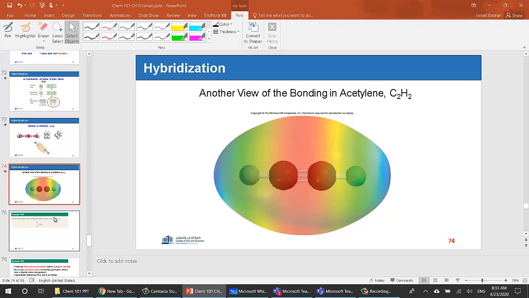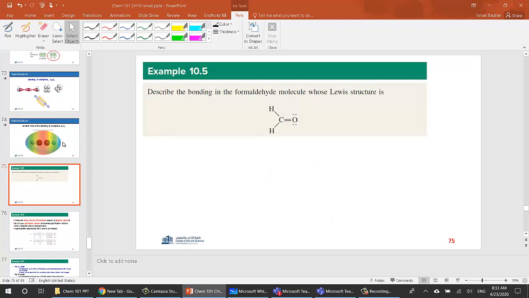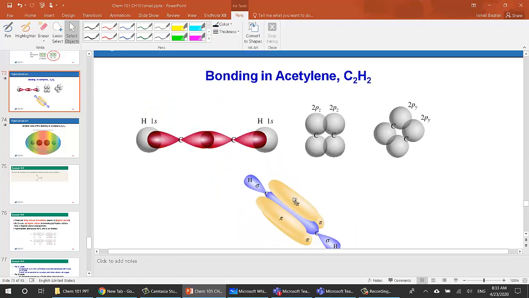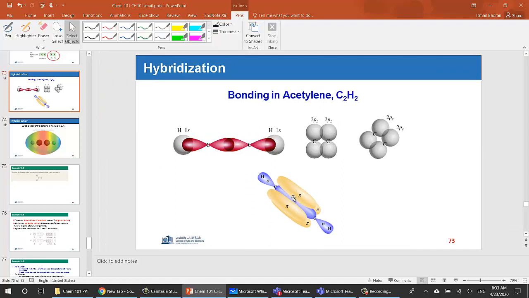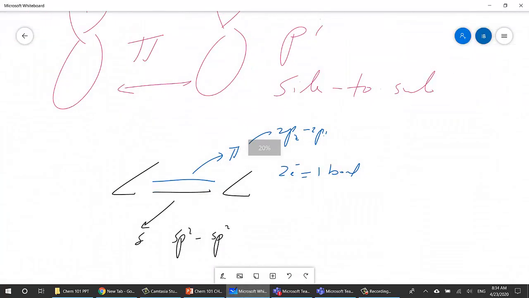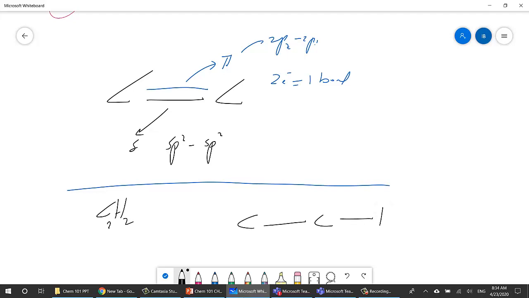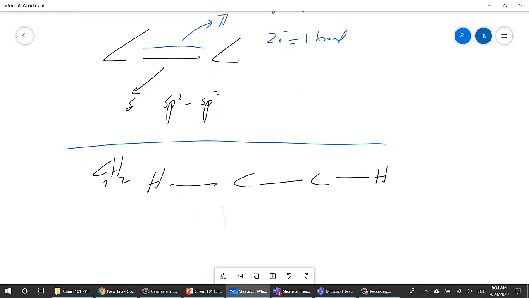Maybe this picture is okay. So you have the carbon, everything in blue here is the sigma, but you have two pi bonds, okay? The first pi bond is made of the 2py, 2py, and the other one is between 2pz, 2pz. So for acetylene, which is C2H2, you have carbon making a sigma bond with the other carbon. Everything in black here is sigma.